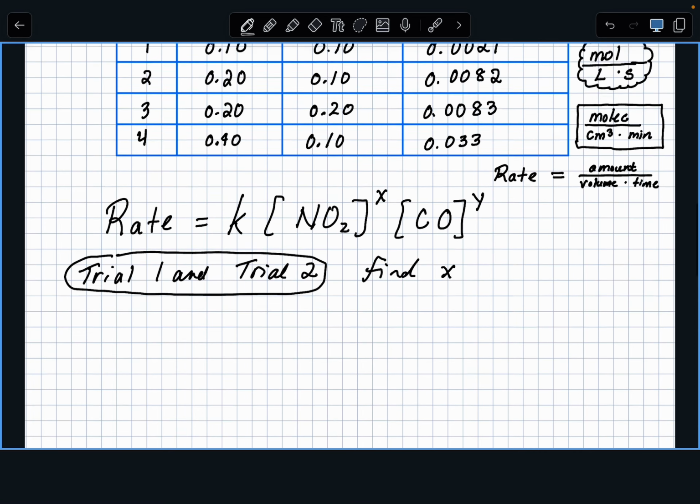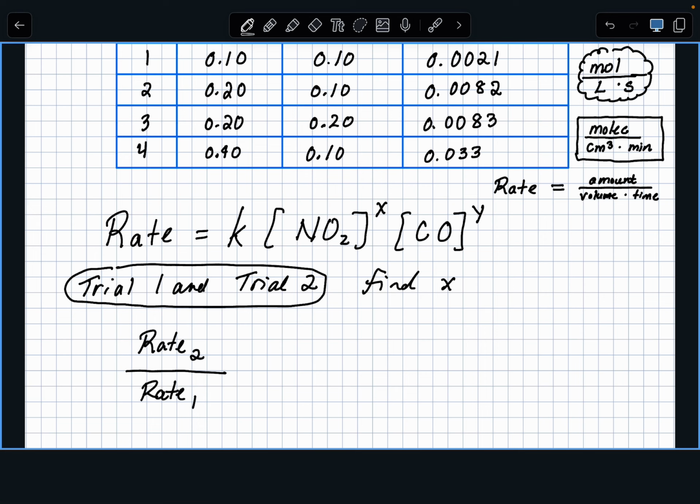I always take the bigger over the smaller, so I'm going to compare the rate of trial 2 to the rate of trial 1: 0.0082 compared to 0.0021. I'm hoping you can already see that that's 4. So the rate went 4 times as fast. But we're also going to put in K.